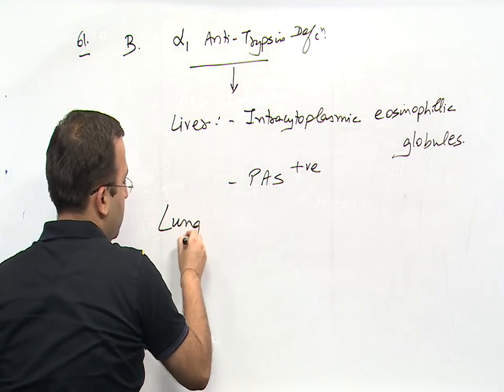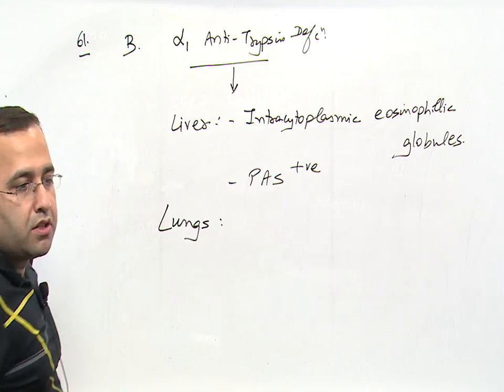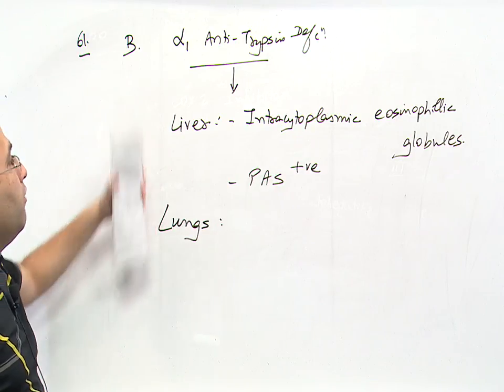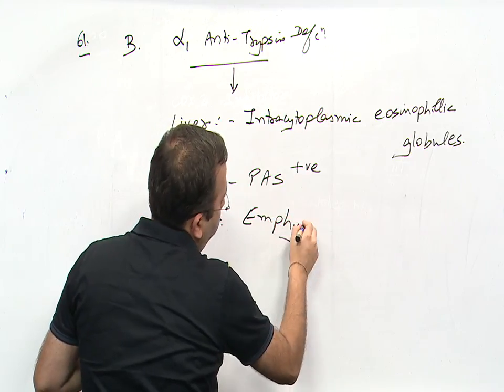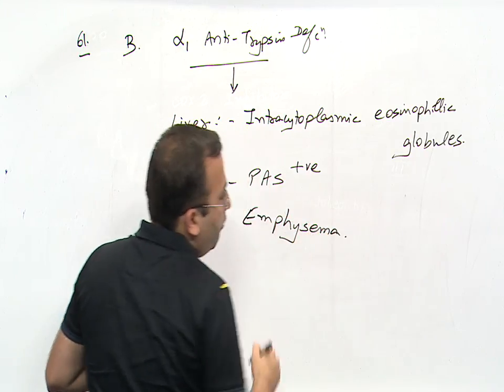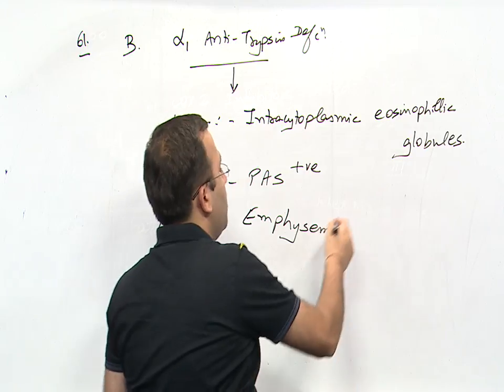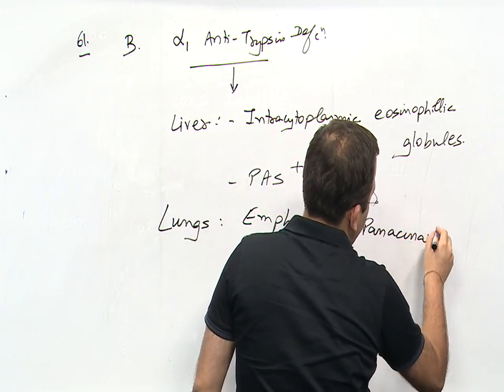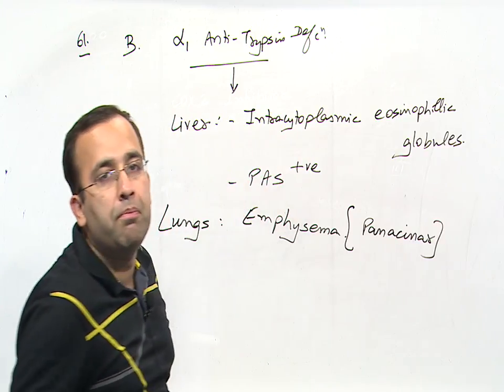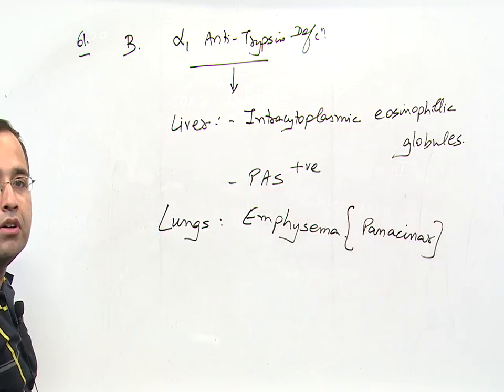In the lungs, you very well know alpha-1 antitrypsin deficiency is associated with emphysema. Which emphysema? Pan-acinar emphysema.